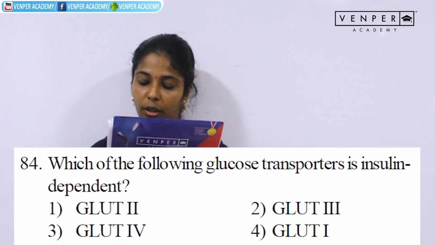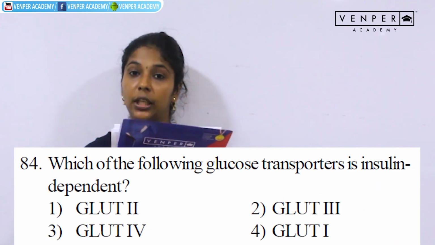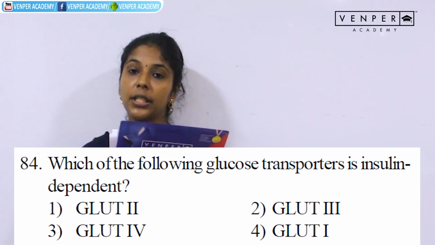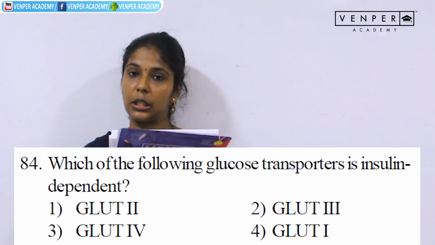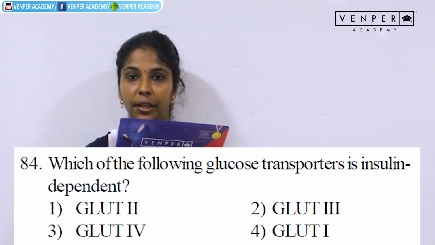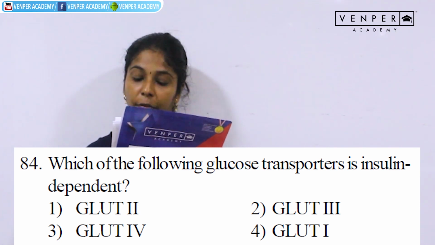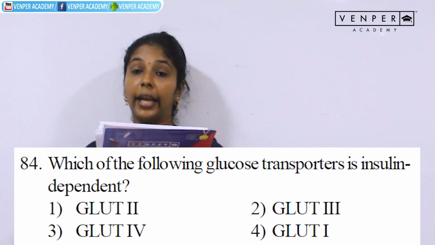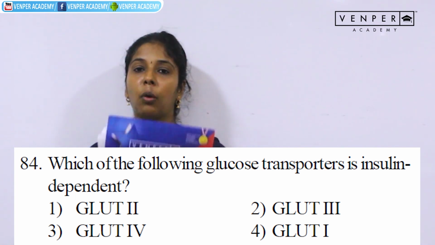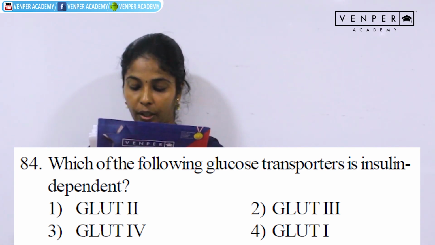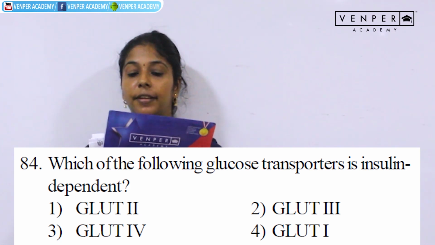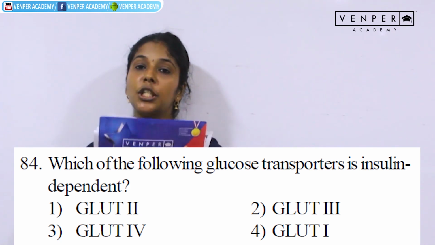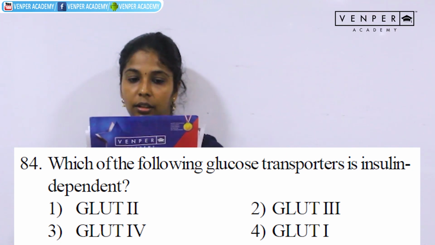Question number 84. Which of the following glucose transporters is insulin dependent? The options are GLUT2, that is glucose transporter 2, GLUT3, GLUT4 and GLUT5. Among these options, three glucose transporters are insulin independent and only one is insulin dependent. GLUT2 is a facilitated glucose transporter present in liver and pancreas.